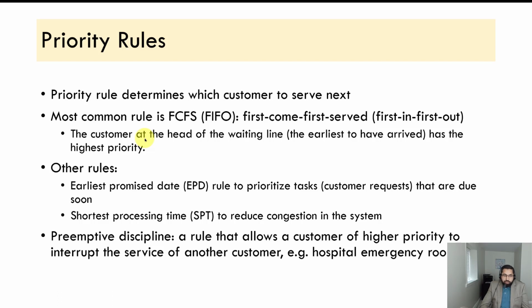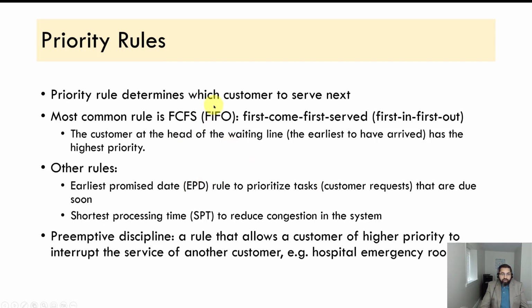There are other rules, such as earliest promised date, the EPD rule, which prioritizes tasks that are about to be late. Sometimes you see EPD at the airport when you are standing in the line for security, and they say whoever is flying on Delta flight 912 or whatever to Hawaii, the flight is leaving in 20 minutes, you have to come out of the line and we will serve you first. So we will prioritize you, right?